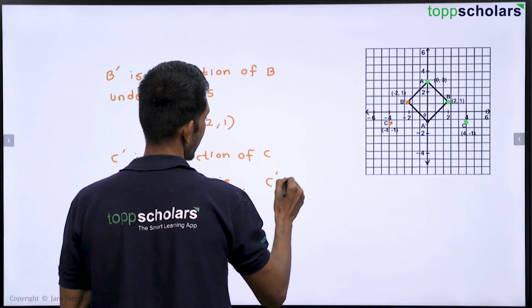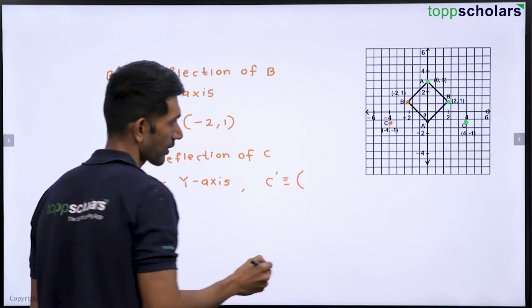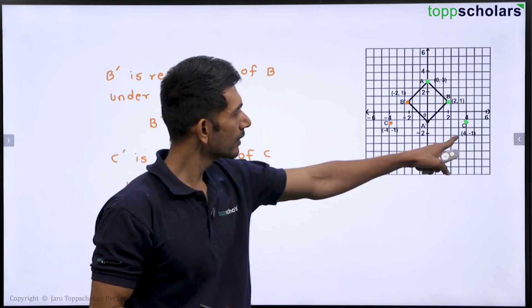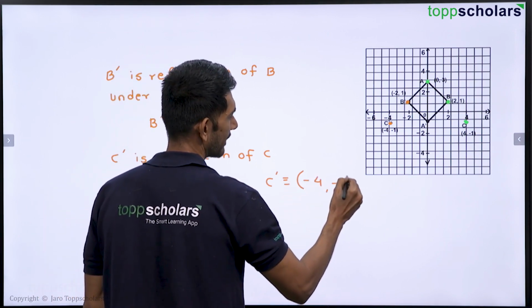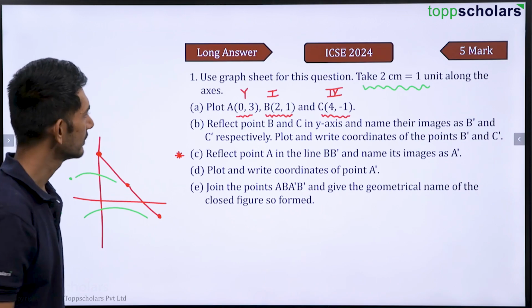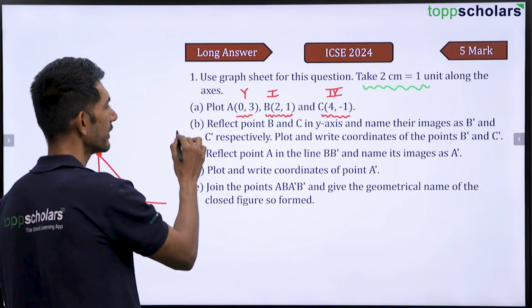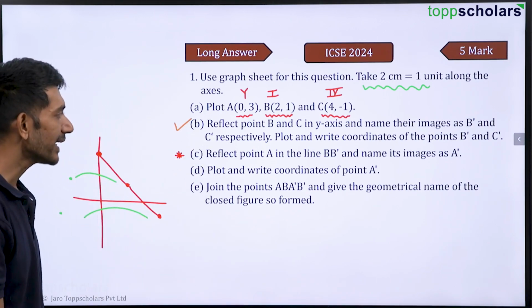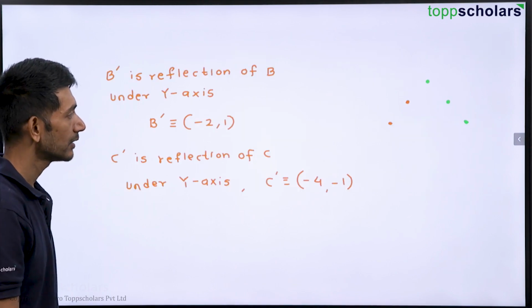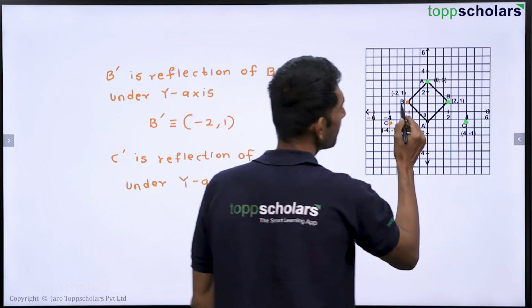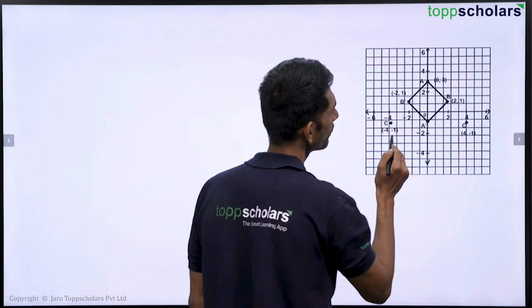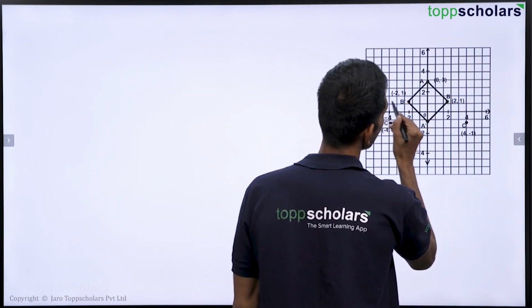So what will be C dash? 4 will become -4. That will remain -1. So that is the second question. Write the coordinates. Now reflect point A in line B B dash. Now understand, where is line B B dash? Line B B dash is over here. Okay, let's take a new page. Line B B dash is over here.